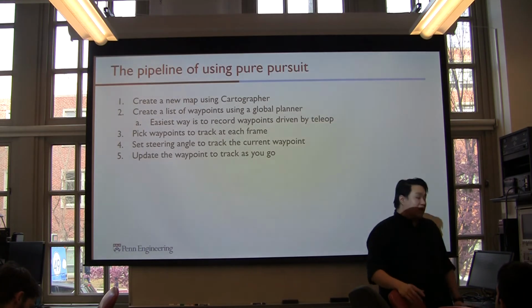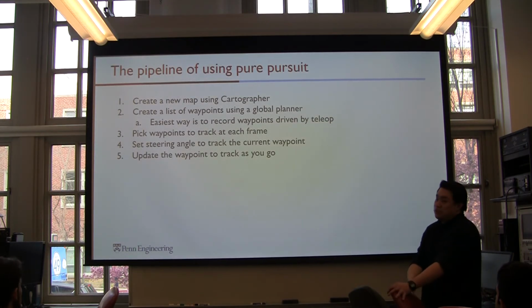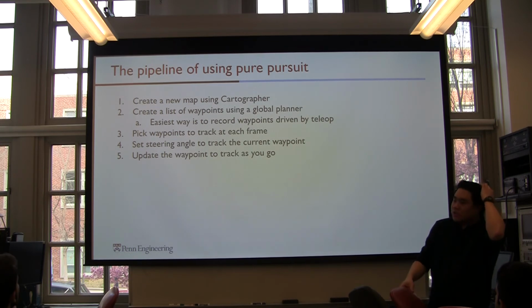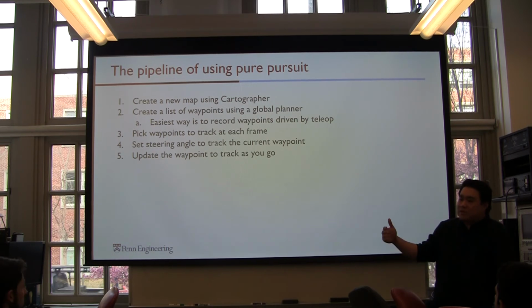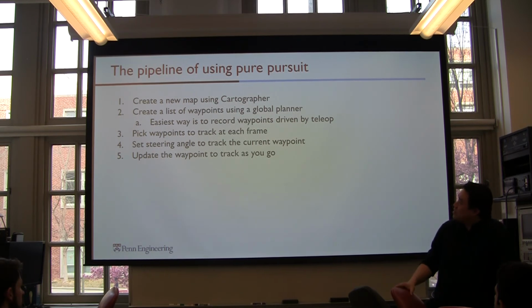All right, so now putting it all together, how do we use the cartographer package? How do we use particle filter? We kind of went over this, but the first step is, Matt, I think we already assigned this, you're going to have to create a map with cartographer.